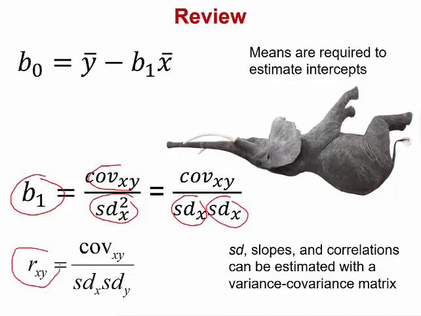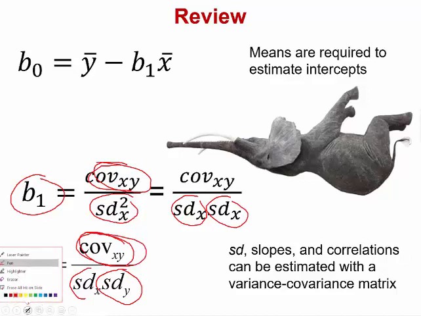And a correlation is a covariance divided by the standard deviation of x times the standard deviation of y, the product of your 2 standard deviations. And that product of your 2 standard deviations is simply a measure of averaged variance. It's actually the geometric mean of your variances. So a slope is a covariance divided by the variance of x, and a correlation is a covariance divided by the averaged variance of x and y.